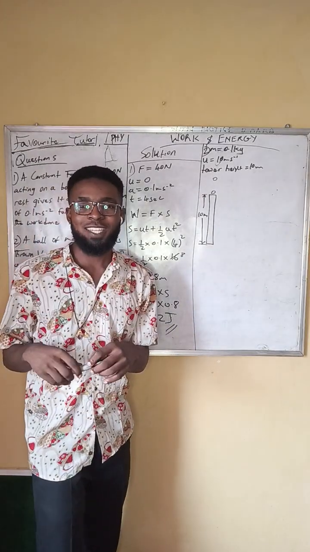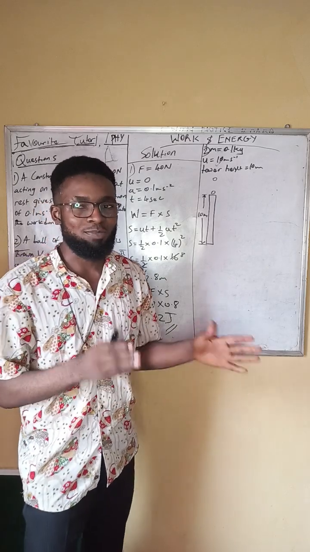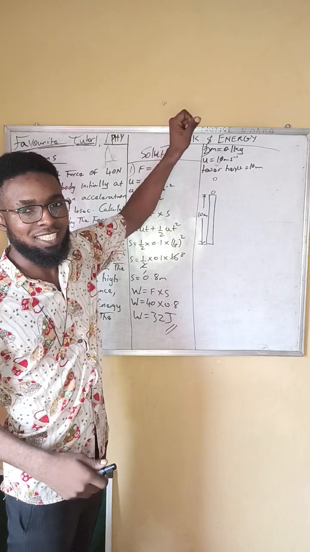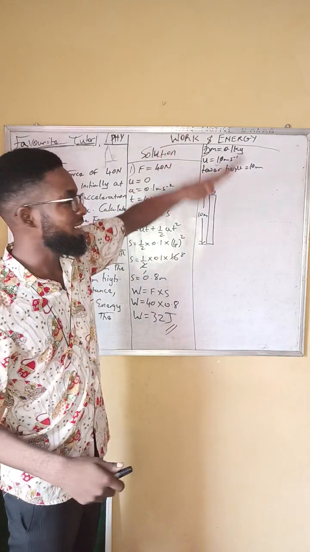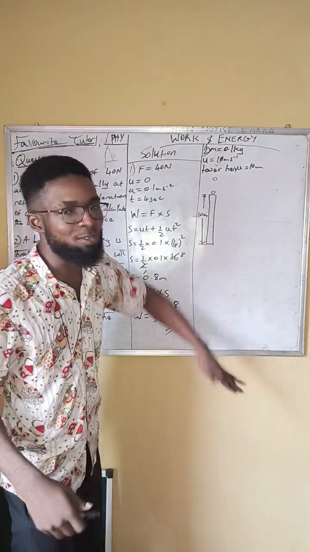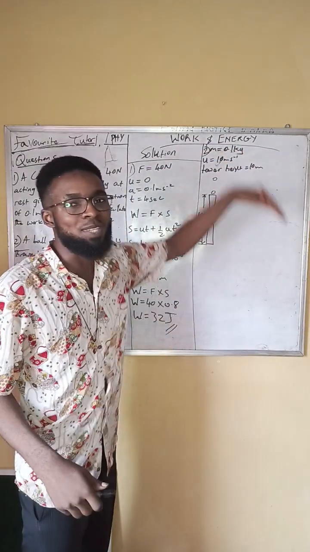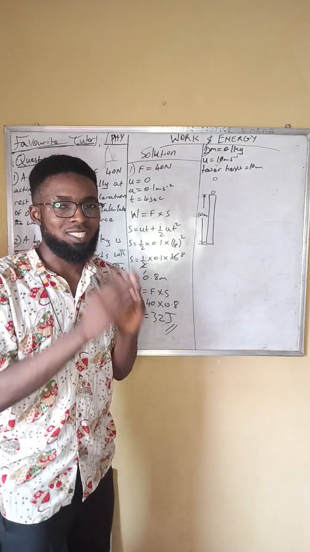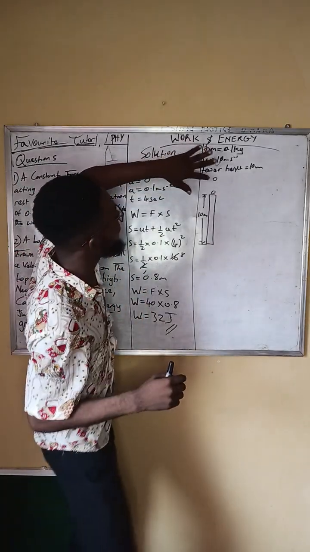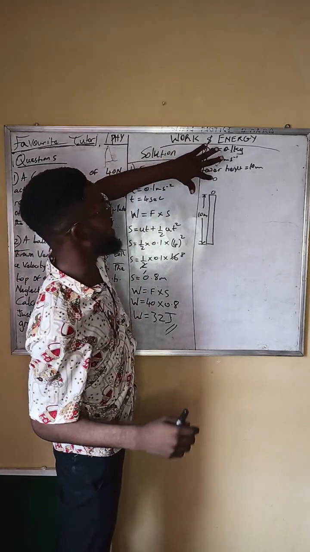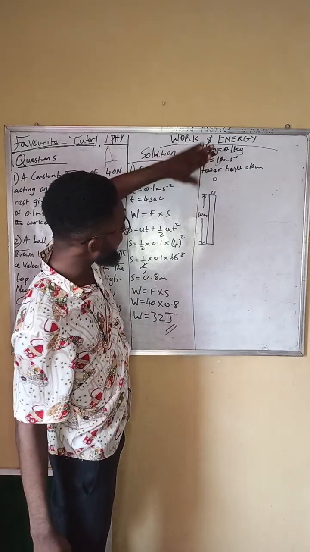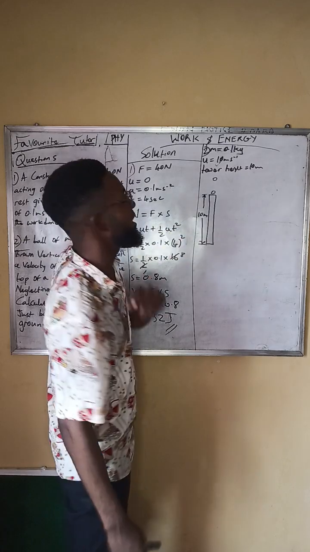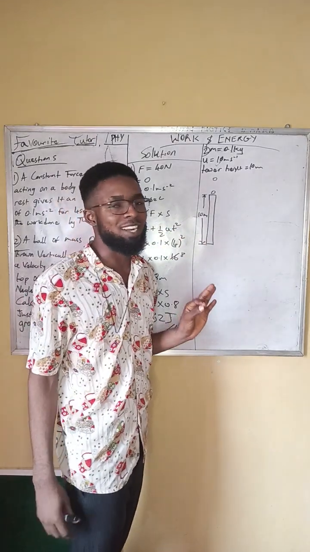Remember in our previous class, we discussed conservation of mechanical energy. The mechanical energy is the same at maximum height and at the ground level. So if we get the energy the ball possesses at maximum height, we also have the energy it is going to possess just before hitting the ground.